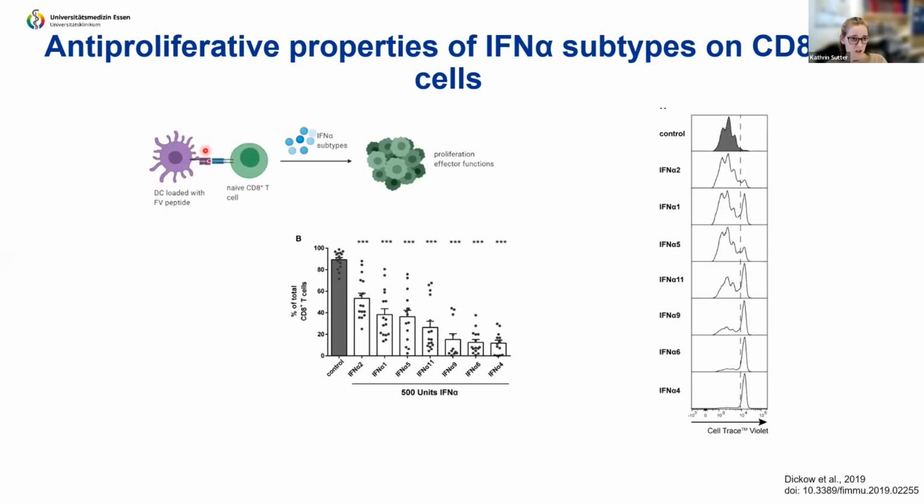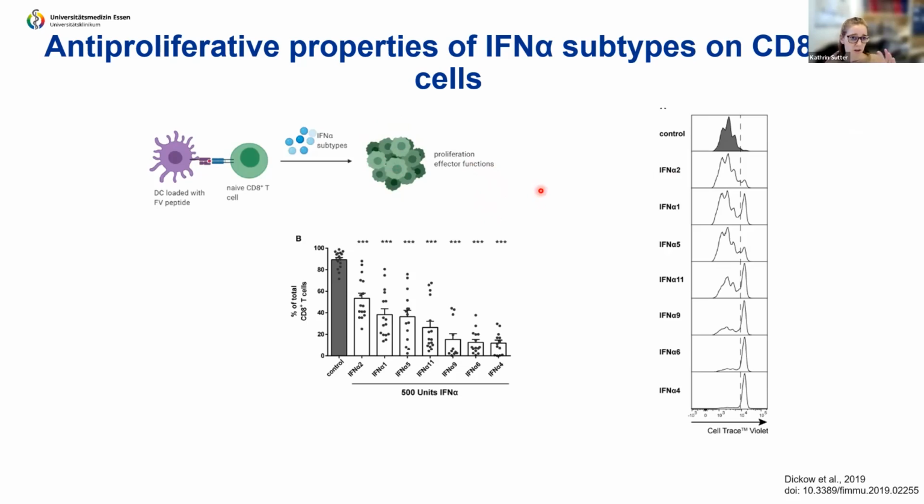We put an antigen on it, and then we cultured them together with the CD8 positive T cells, which recognize the specific antigen. And then we added the different interferons there, and we were interested in what's going on with the proliferation of the T cells and the effector functions. And we labeled those cells with some dye. We used here Violet Tracer, as it's called, so they are purple, let's say.